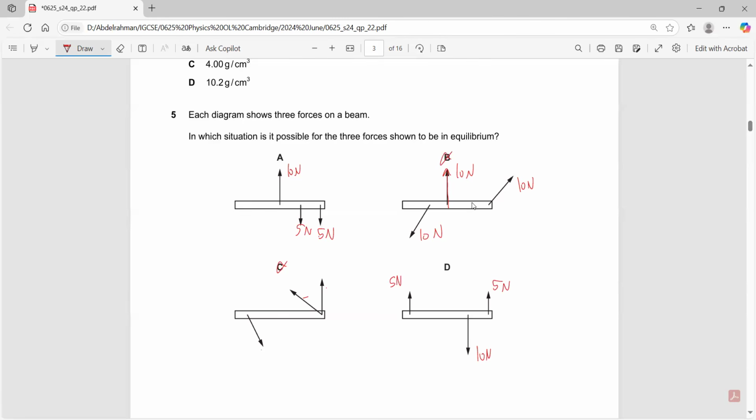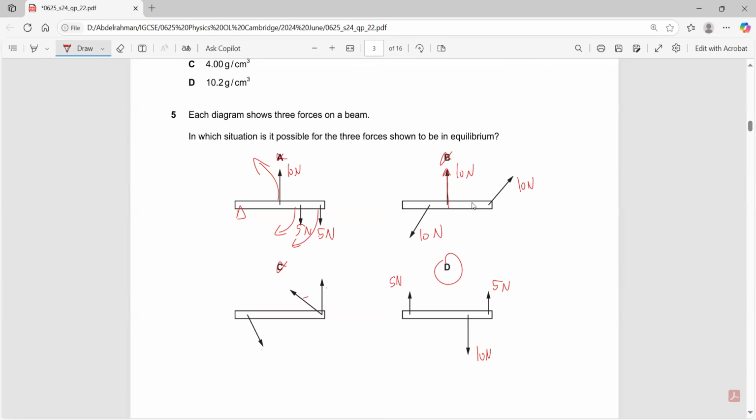Because if you take, for example, the pivot to be at this point, just taking an example, then the clockwise moments would actually be greater than the anti-clockwise moment. The 10 Newton force would cause an anti-clockwise moment, while the 5 Newton forces cause clockwise moments, which would be greater because of the distance, which would be greater. So actually A is wrong, and the only correct answer is D.